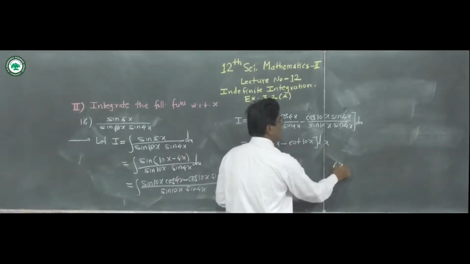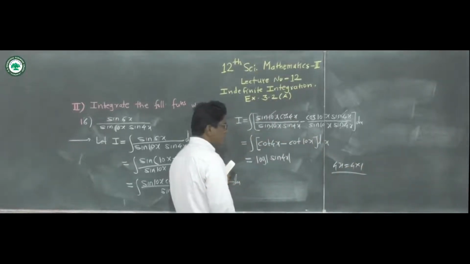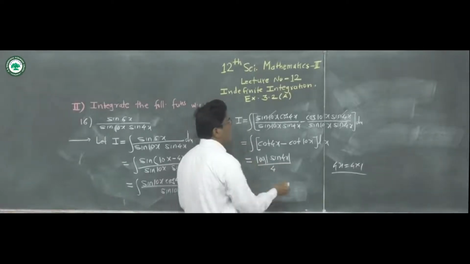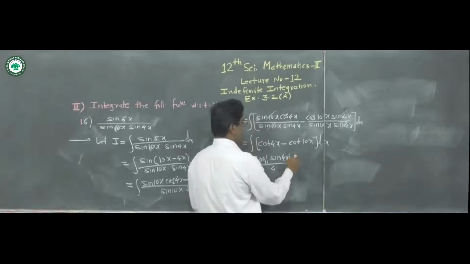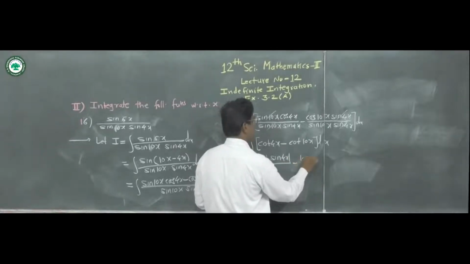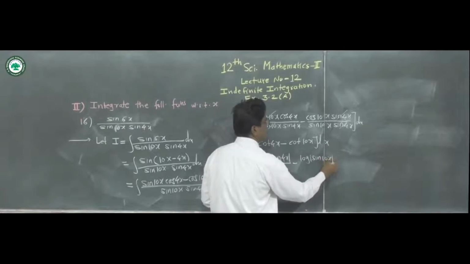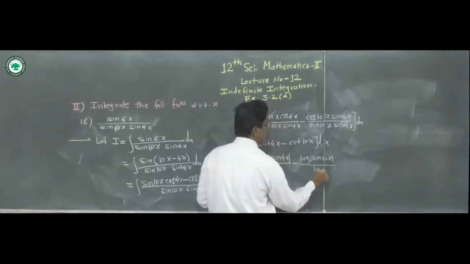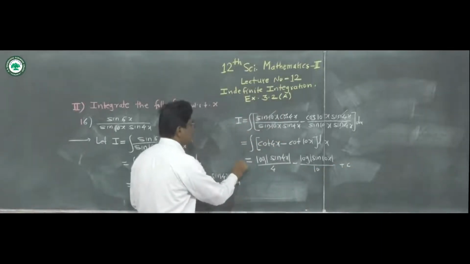Derivative of 4x is 4 into derivative of x is 1, that is 4. So we get here, divide this by 4 and minus here log of sine of 10x. Here also divide by derivative of 10x, that is 10, and plus constant of integration. So this is the final solution.